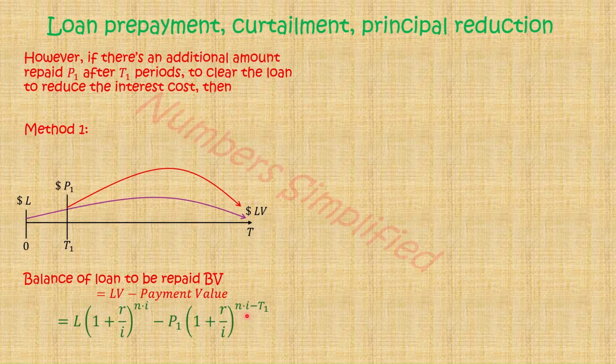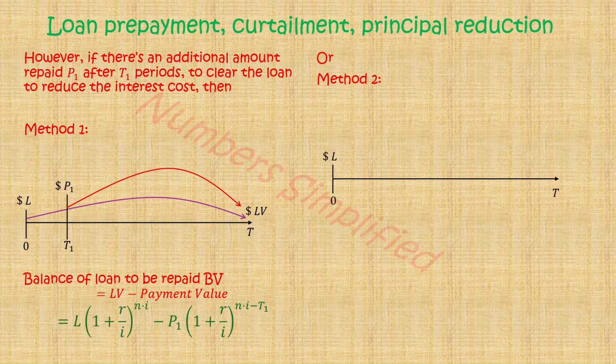So that ni can actually be the capital letter T minus T1, because we know that our payment would not accumulate interest from the time the loan was given, but from the time it was paid. And remember, we paid it in between, after the loan had been given to us. Right, so that is the formula that would give us the balance that is due. So that is the first method.